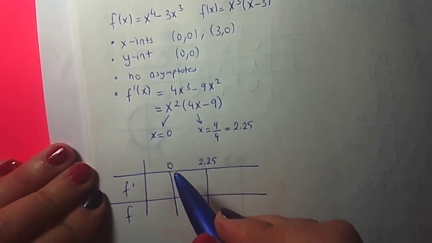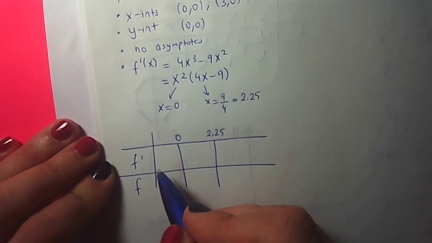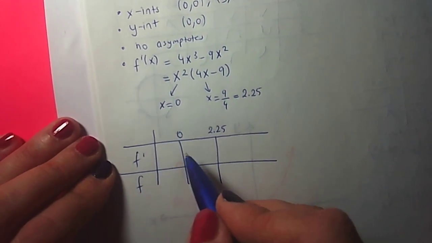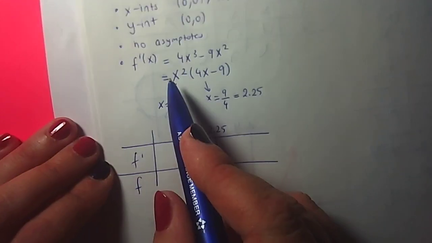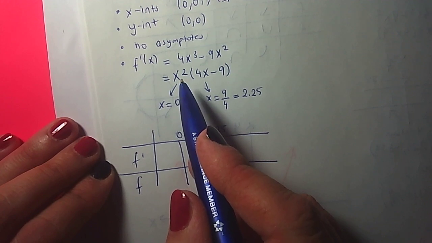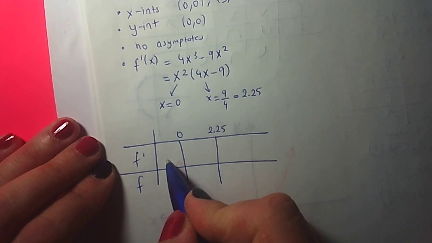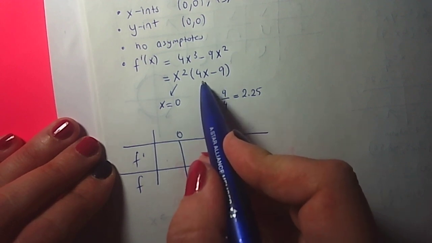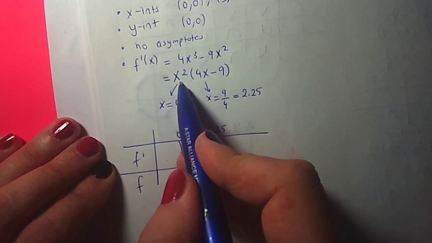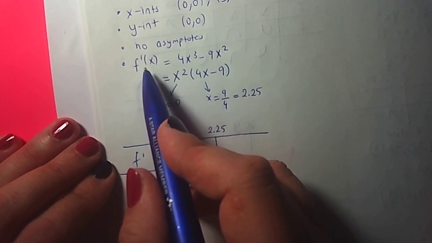Now we need to check the sign of the first derivative. Pick a value in each interval, sub them in the first derivative function to get the sign. In the interval from negative infinity to 0, we can pick, let's say, negative 1. As you see, x squared is always positive and it is not affecting the sign of the first derivative.